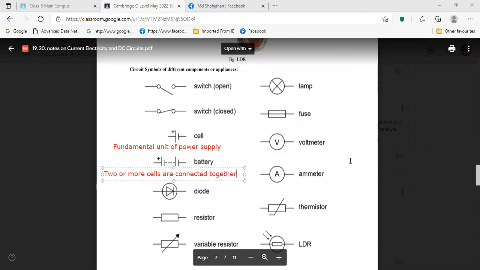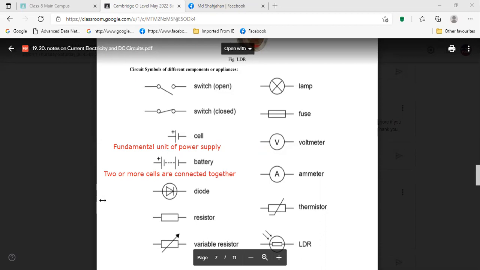Yeah, Monica. Hello, Monica. Yes, sir. It's topic 20, DC circuit. You write the topic name, then you draw the circuit symbols, and also write the short definition. I'm giving you a short definition. This short definition will help you recognize which are which, and you can make the difference. What is the difference between cell and battery?